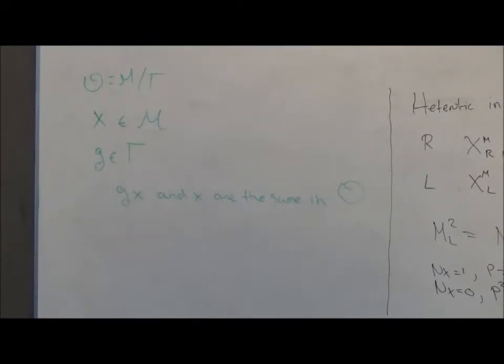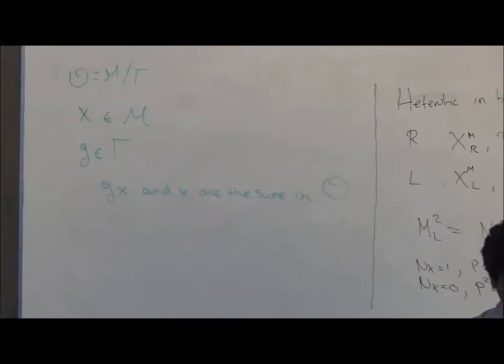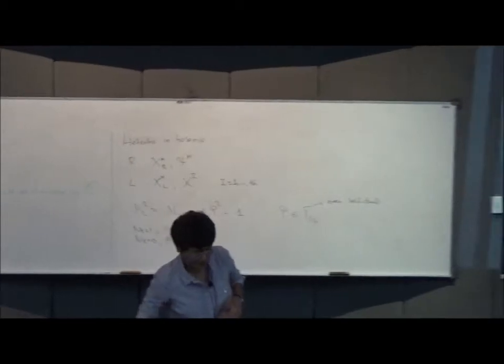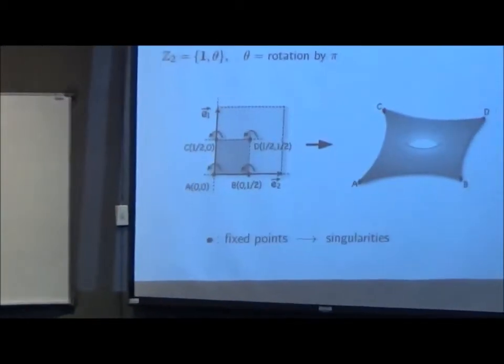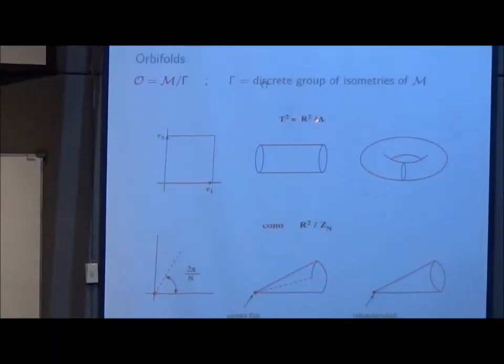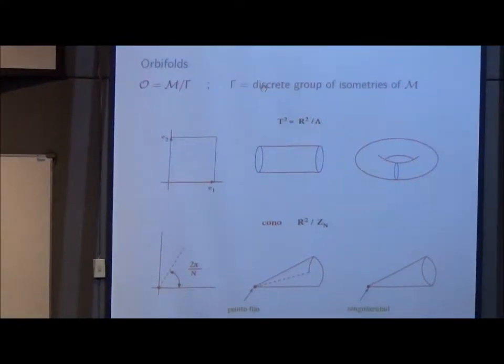Okay. So what is the simplest example? The one that you already know. Well, the torus. Okay. The torus, also, Narain has told you everything before. You can see it as the quotient of the plane by a lattice. So what this means is to identify points in the plane modulo translations in some lattice.